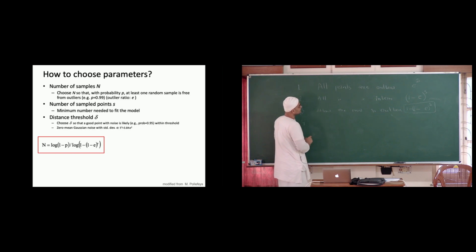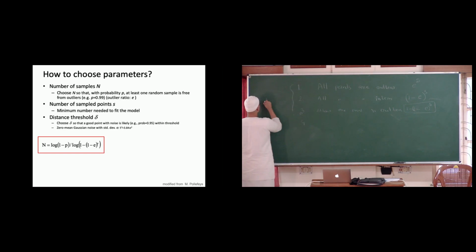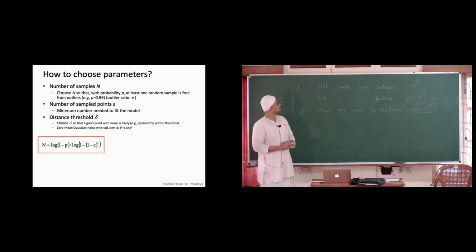So all these things are happening for one sample. Okay, one sample. That means one random pick. One random pick, this is happening. A bad thing happened.